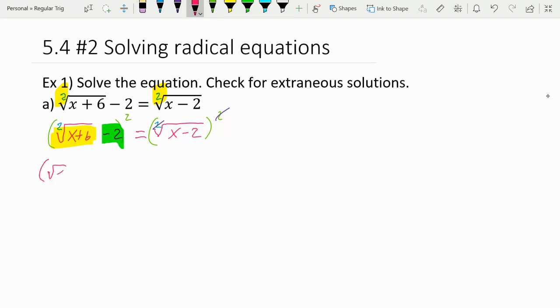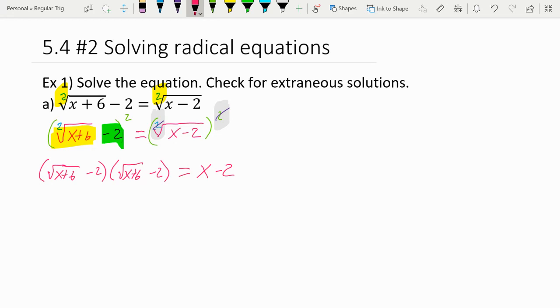So I have the square root of x plus 6 minus 2, and then the square root of x plus 6 minus 2 again. Now on the right side, we already talked about that these two are going to cancel each other out. So we just get rid of the radical.